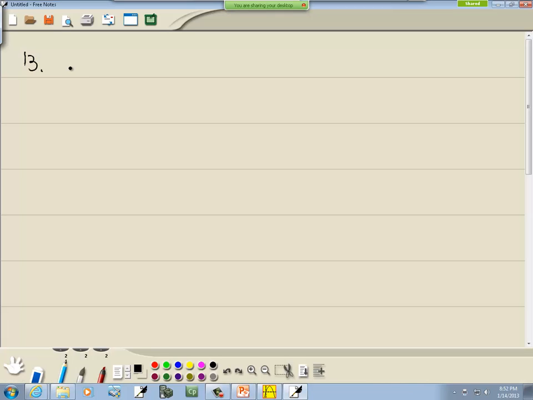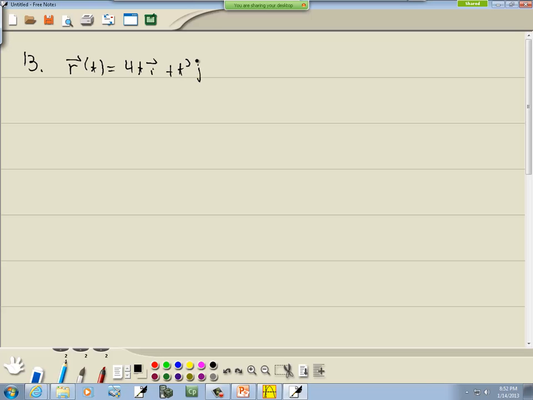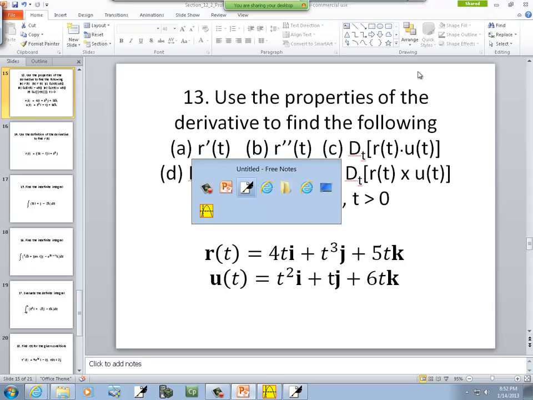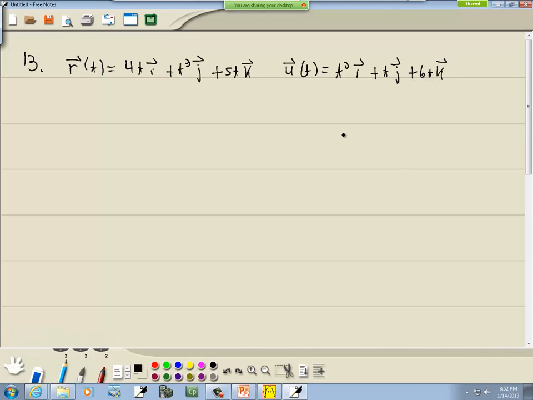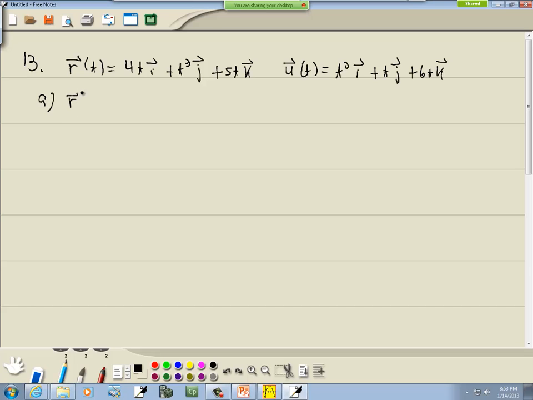So we got r equal to 4t i plus t to the third j plus 5t k, and u is equal to t squared i plus tj plus 6t k. First thing I just want us to find is the first derivative of r. That's easy. So the derivative of r, 4t becomes 4, so we got 4i plus 3t squared j plus 5k.